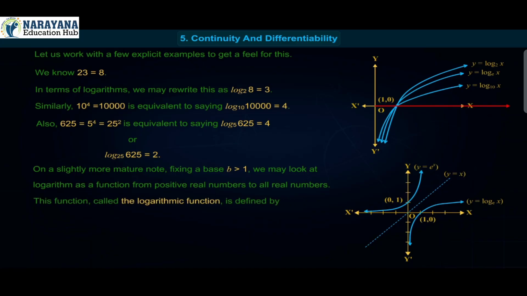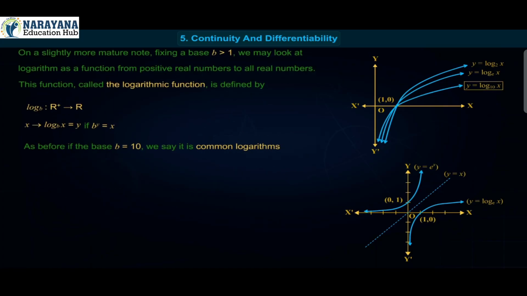This function, called the logarithmic function, is defined by log to base b from R plus to R, x going to log of x to base b, which is equal to y if b raised to y is equal to x. As before, if the base b is equal to 10, we say it is common logarithms, and if b is equal to e, then we say it is natural logarithms.